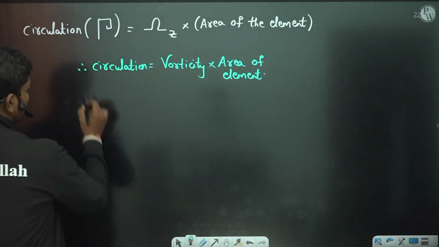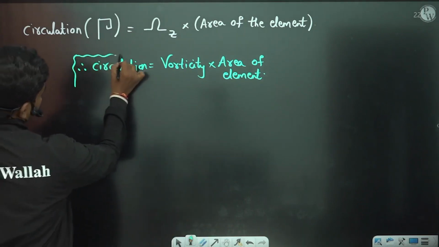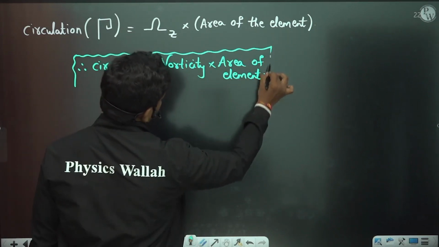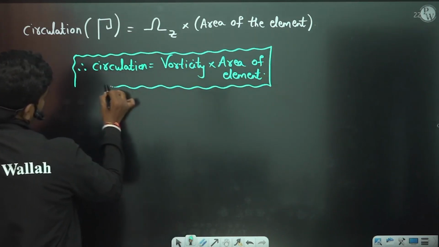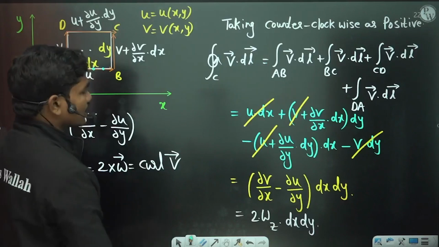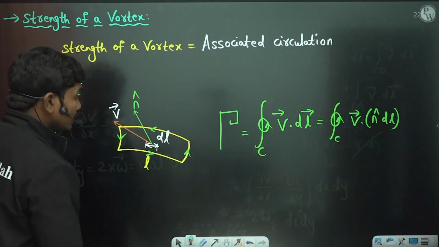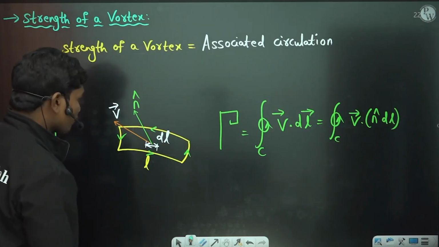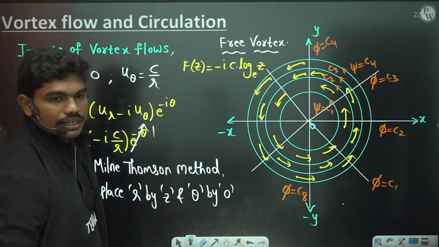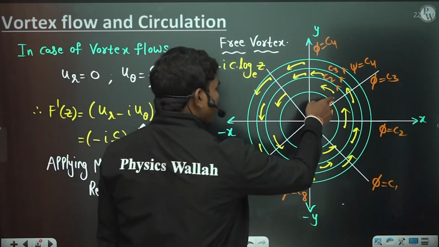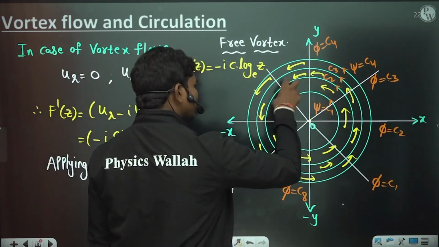This is the common relation between circulation and vorticity. This circulation talks about the effect of velocities to rotate the element. That's why the strength of this vortex is determined by the capability of these velocities to actually rotate the flow.